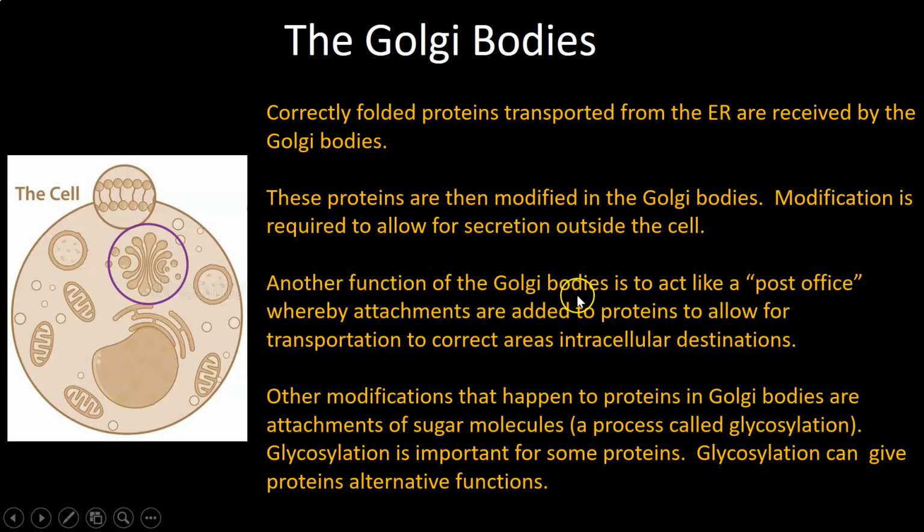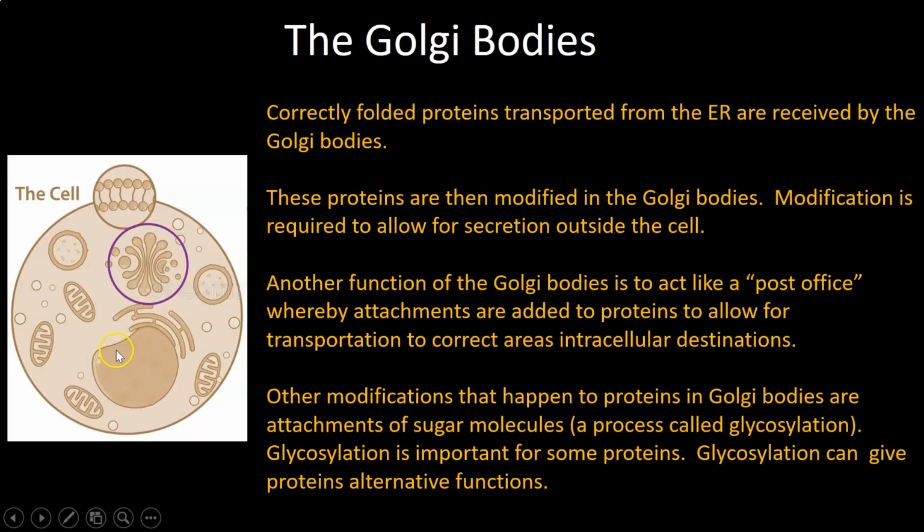you can think of the Golgi bodies by analogy as a post office. Whereas a post office makes sure that mail gets to the right address, the Golgi bodies ensure that proteins get to the right places, not only within the cell but also outside the cell as well.